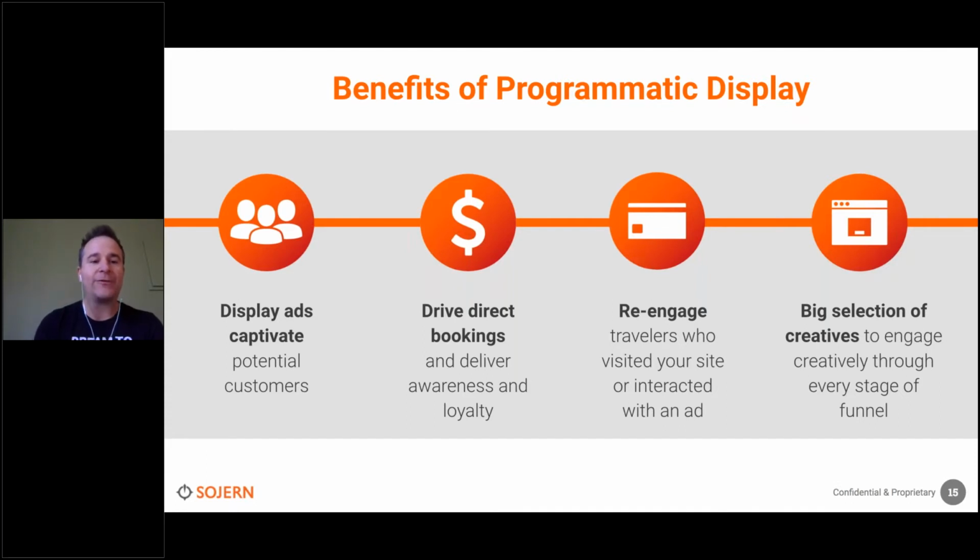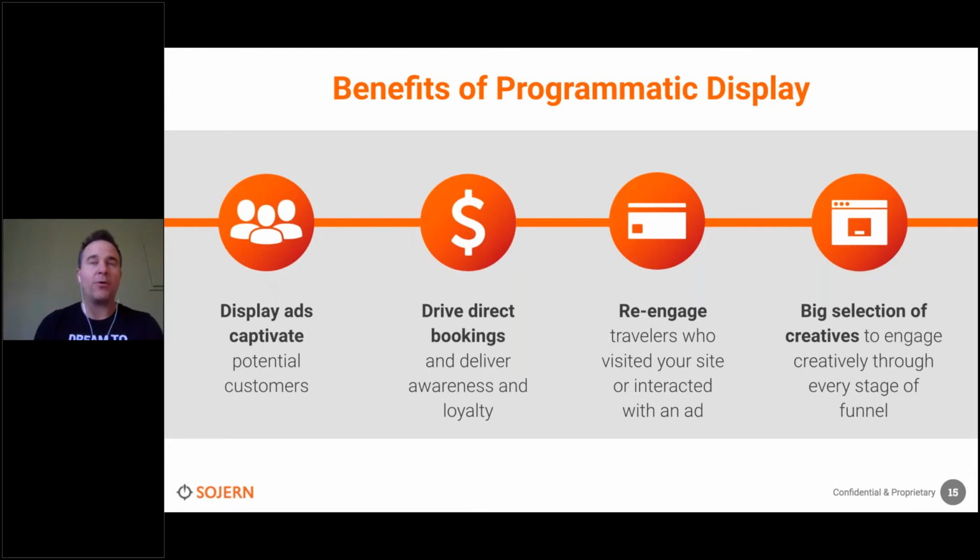And that's why I'm such a fan of display marketing in general and programmatic display in particular, because for me, it's the only way to consistently engage potential customers throughout the entirety of that purchase funnel that we looked at a few slides ago.